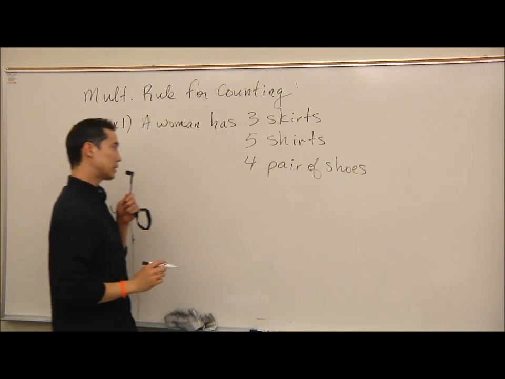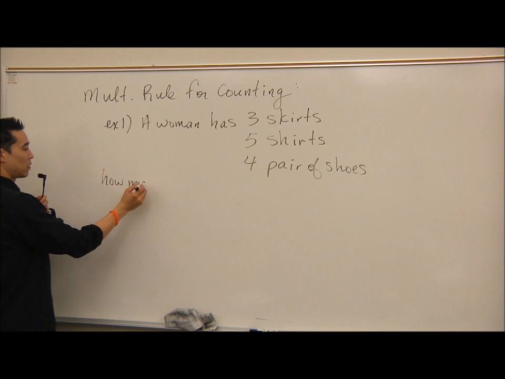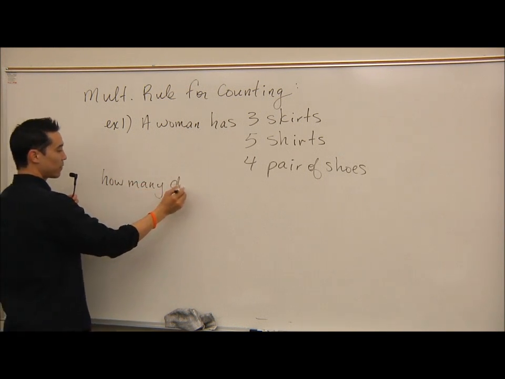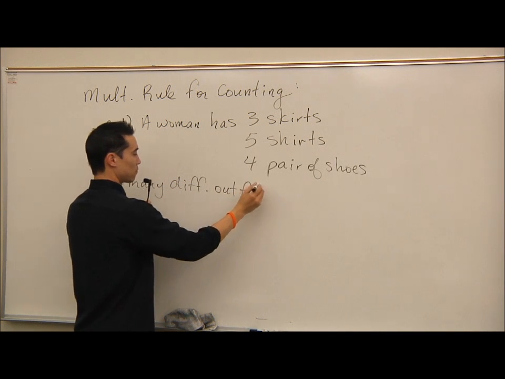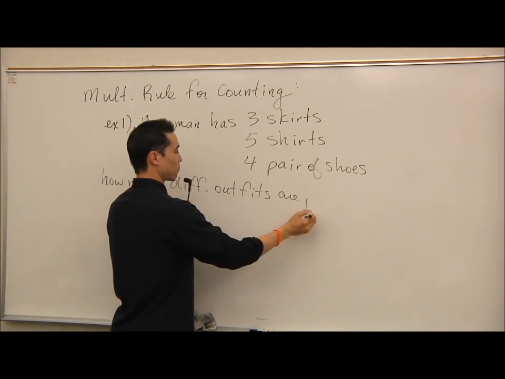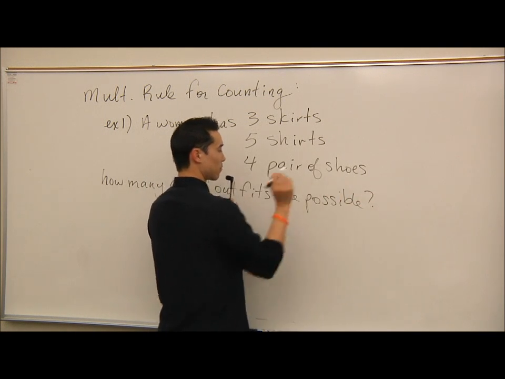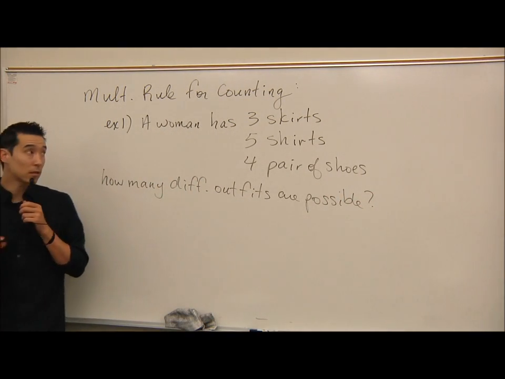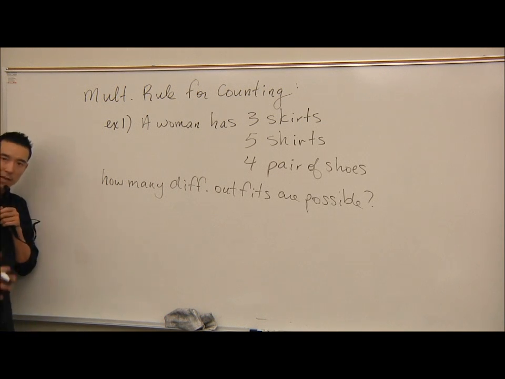And the question is, how many different outfits are possible? If we consider 1 skirt, 1 shirt, and 1 pair of shoes as an outfit, how many unique outfits can we come up with these 3 skirts, 5 shirts, and 4 pairs of shoes?